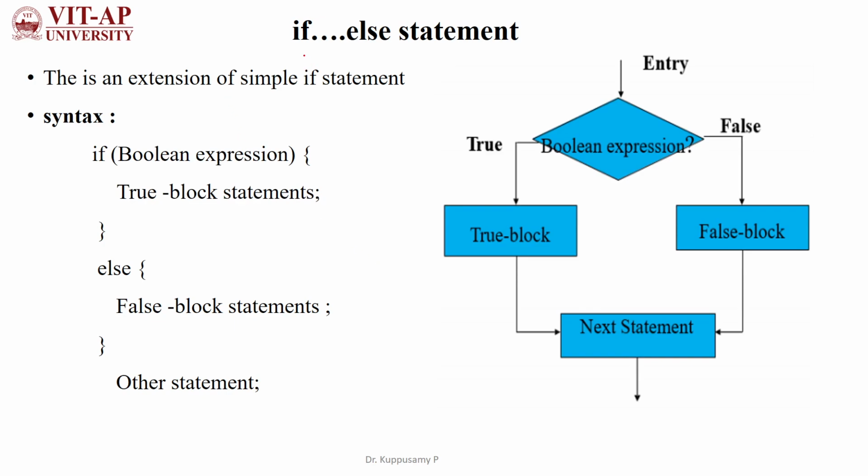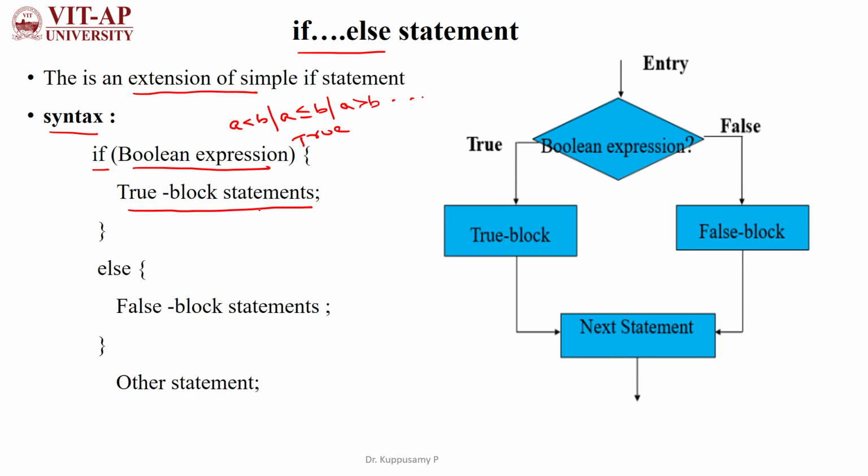The next one is the if else statement. This is an extension of the simple if statement. The syntax is given over here. If the boolean expression, like what we have seen in the previous slide, such as a less than b, a less than or equal to b, or a greater than b, returns true, then the true block will execute.